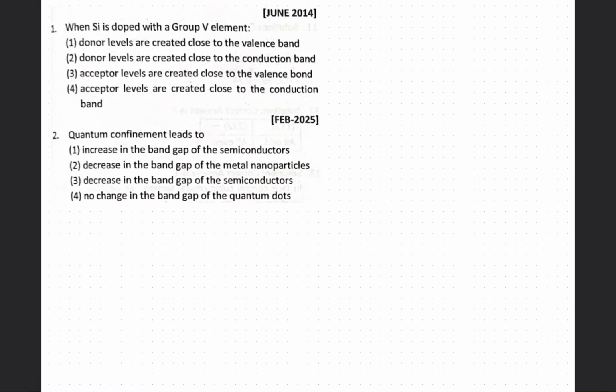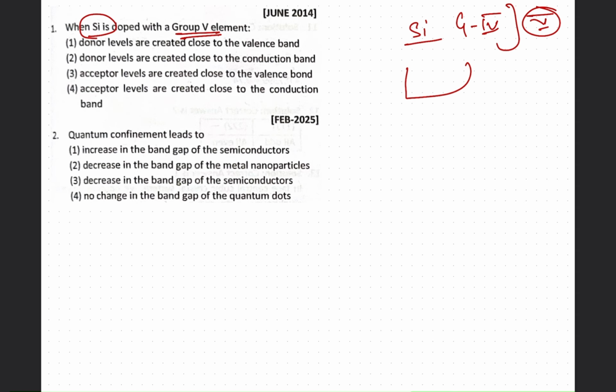Next question is, when silicon is doped with a group 5 element. Silicon is basically a group 4 element and it is doped with group 5. So we know that this is a valence band, this is a conduction band, this is basically full, this is empty. A donor level will be created which will be near to the conduction band.